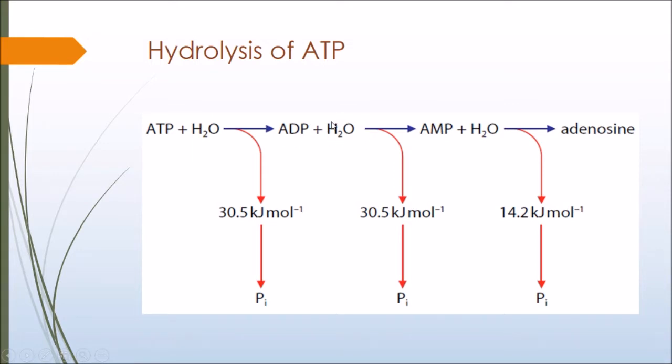If you again add water by a hydrolysis reaction, hydrolysis means adding water, it will also give 30.5 kilojoules and make adenosine monophosphate. Here we have only one phosphate. If we continue the reaction further, we get 14.2 kilojoules and leave adenosine. As we mentioned before, adenosine is ribose plus adenine.